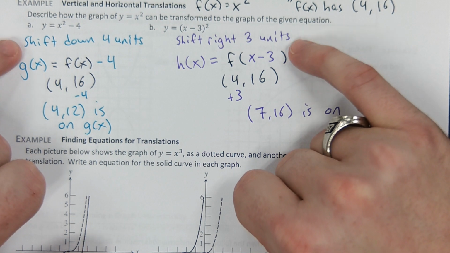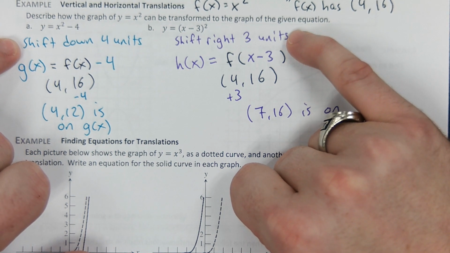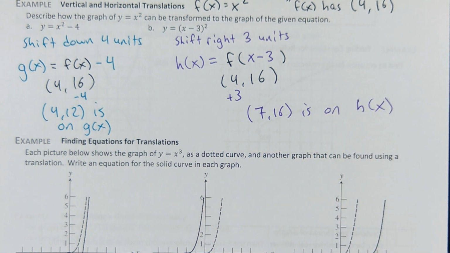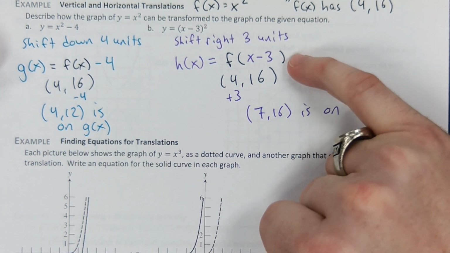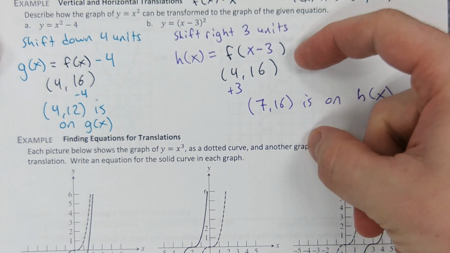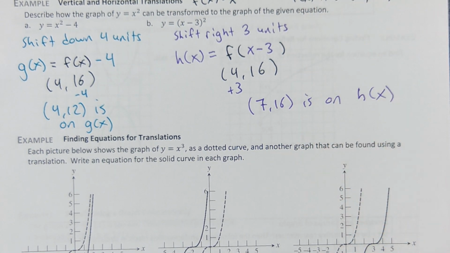But all I'm asking for in the homework is this description. I will tell you on your test, you need to be able to move between the function notation rules and the descriptions. You need to be able to move between these two on the tests, okay? As well as get new equations, as well as get new graphs, things like that.